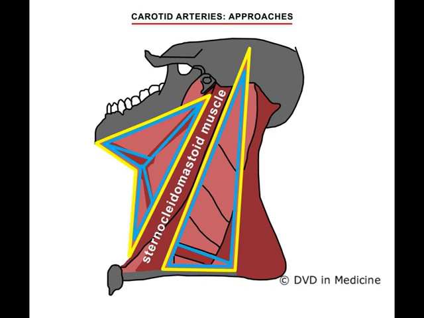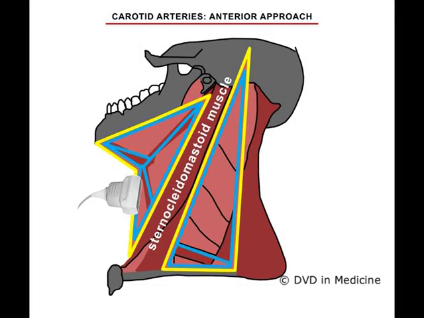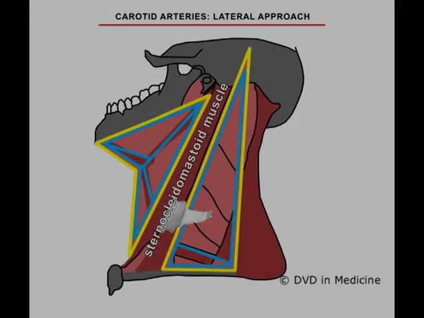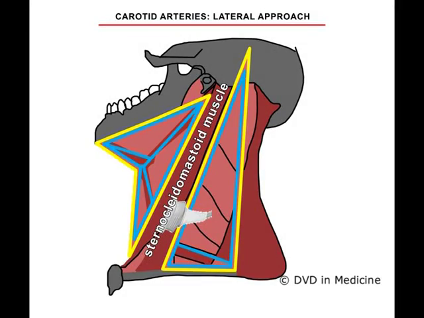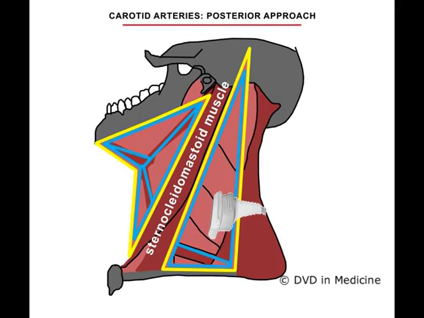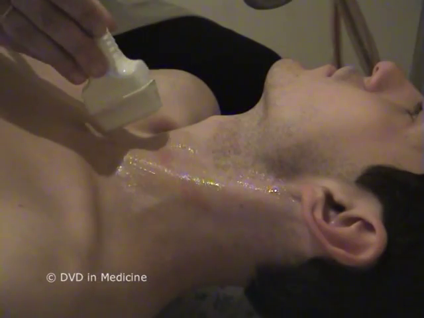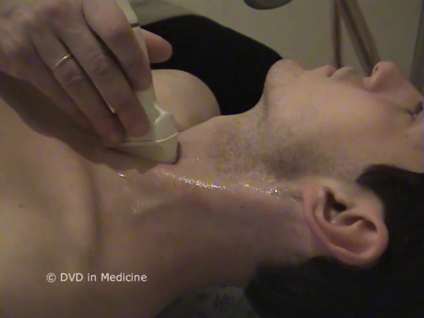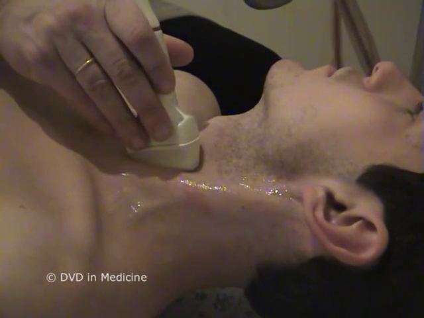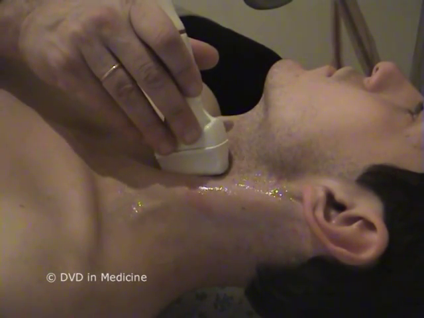One may use 3 approaches to carotid arteries: anterior, lateral, and posterior. With the anterior approach, the position of the transducer is medial from the sternocleidomastoid muscle.